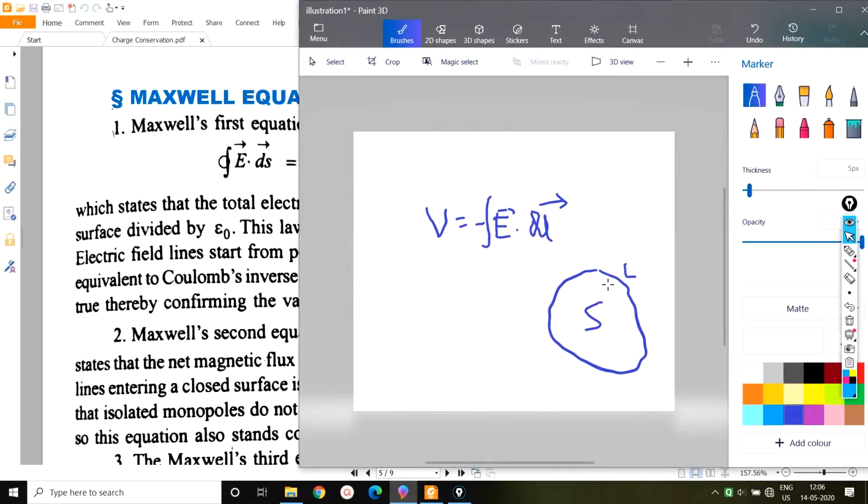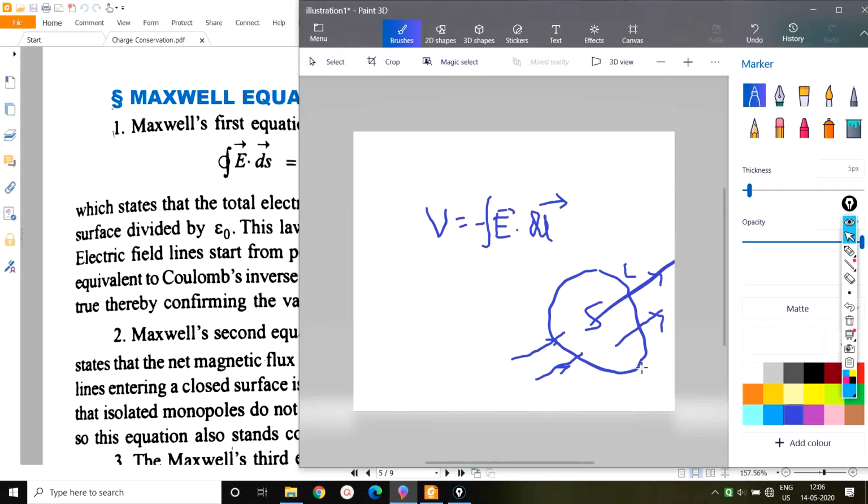Suppose you have a surface here. This is a loop, this is a surface. If you draw magnetic field lines, suppose two field lines enter, then two field lines come out also. That is the property of the magnetic field. So net flux is 0.